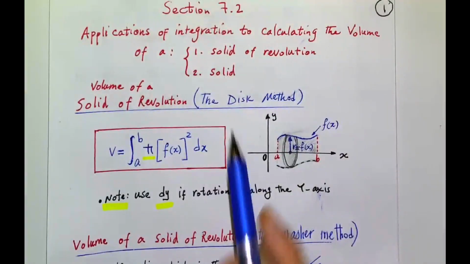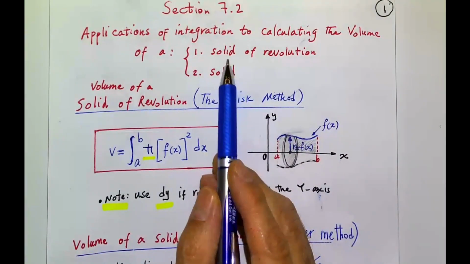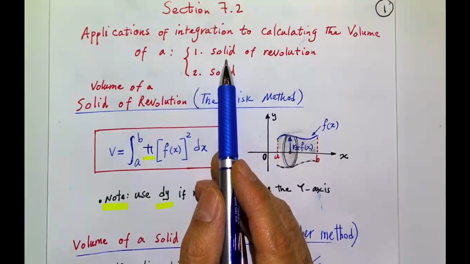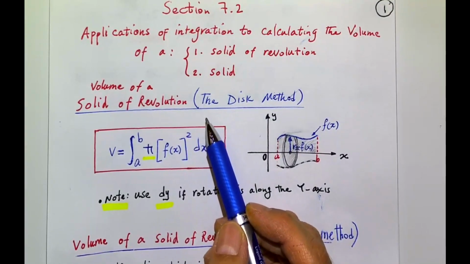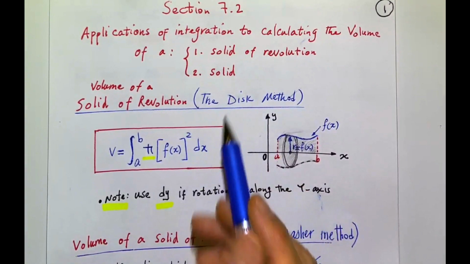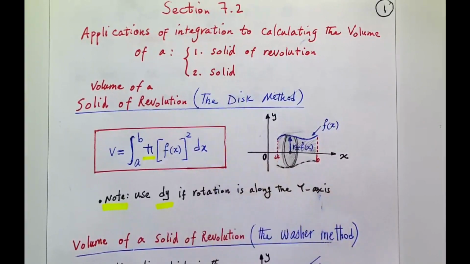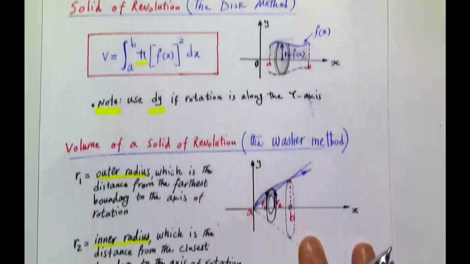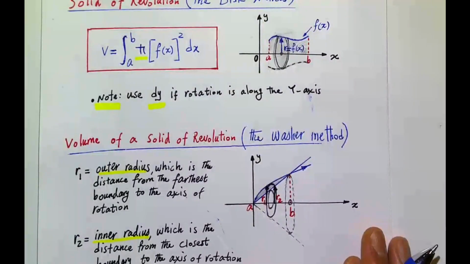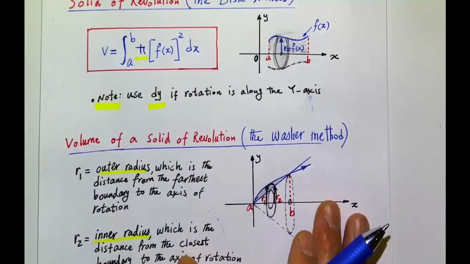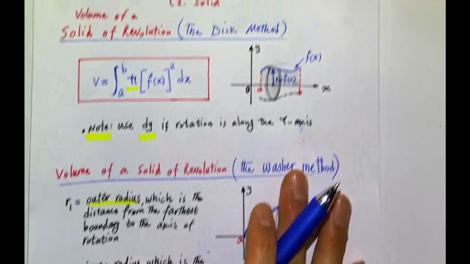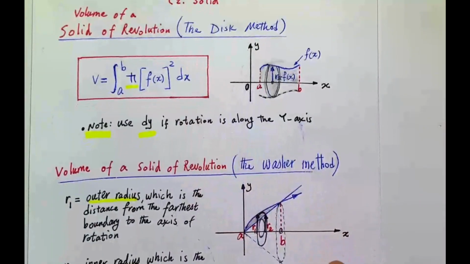And of course, when we are given a solid, that is, if the solid that we have is not the result of a rotation of an area about a certain axis, but it's the solid that we've been given already, then for that we will use either the disk method, the washer method, or we will use elementary geometry to come up with a cross-sectional area that would be neither a disk nor a washer, but it would be appropriate for that particular solid for which we're calculating the volume.